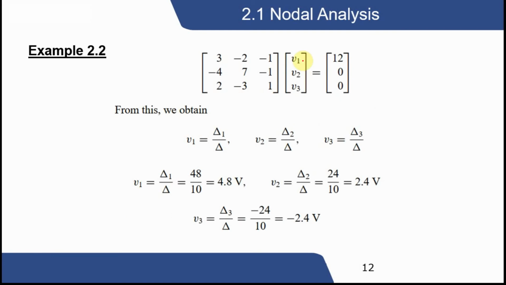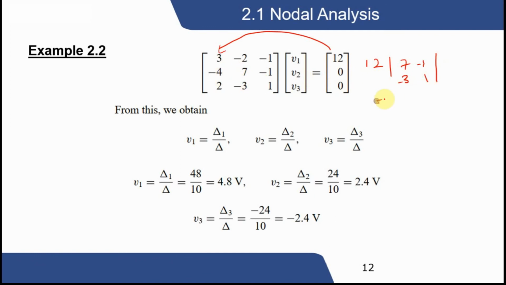Similarly, if you want to calculate the next determinant, delta 1, we have to replace this column with this one. As we replace it, only the 12 remains, 7, minus 1, 3, minus 3, 1, because the remaining entries are 0, so there is no need to calculate the other parts.